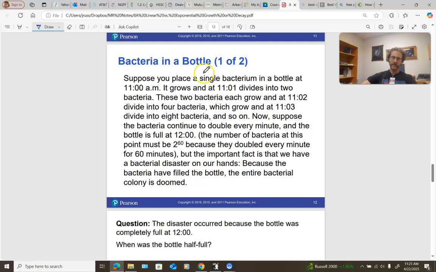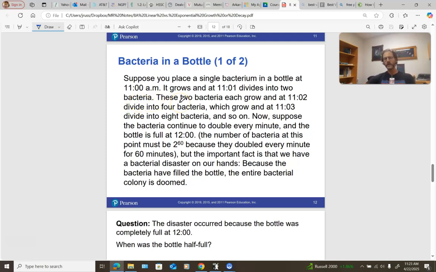So let's read this very carefully. Suppose you place a single bacterium in a bottle at 11 a.m. and it grows, and at 11:01 it divides into 2 bacteria. These 2 bacteria each grow, and then at 11:02 they divide into 4 bacteria.